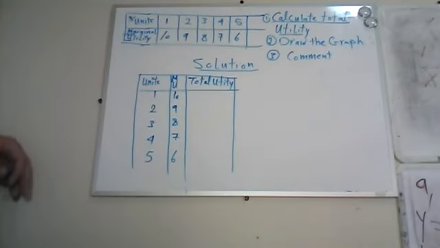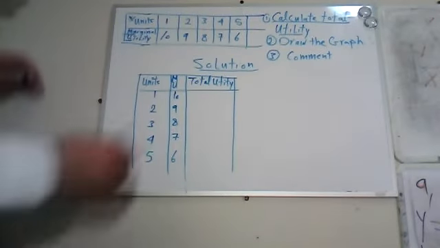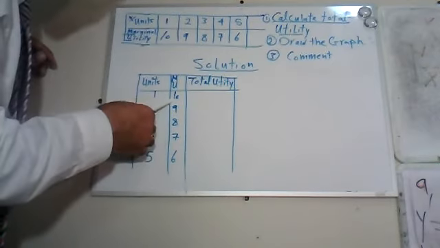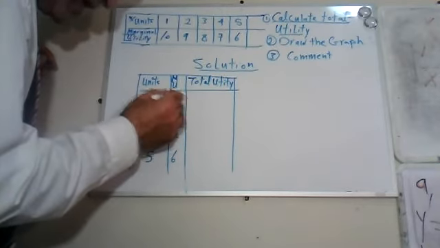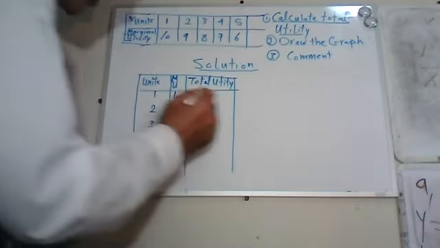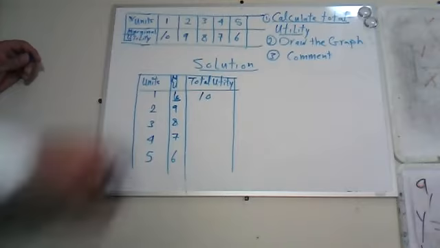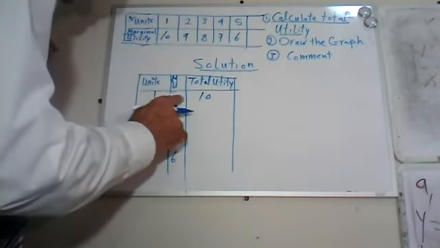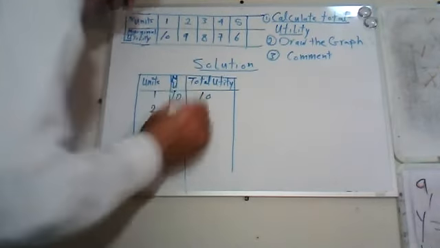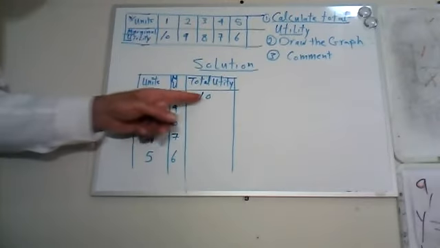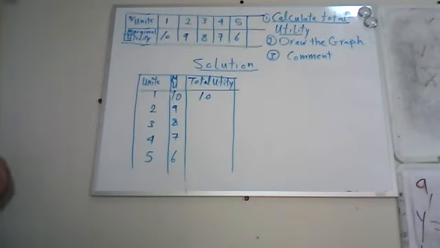Simply, I will take this first 10 and put it here in the total. Then after this, I will go that way.